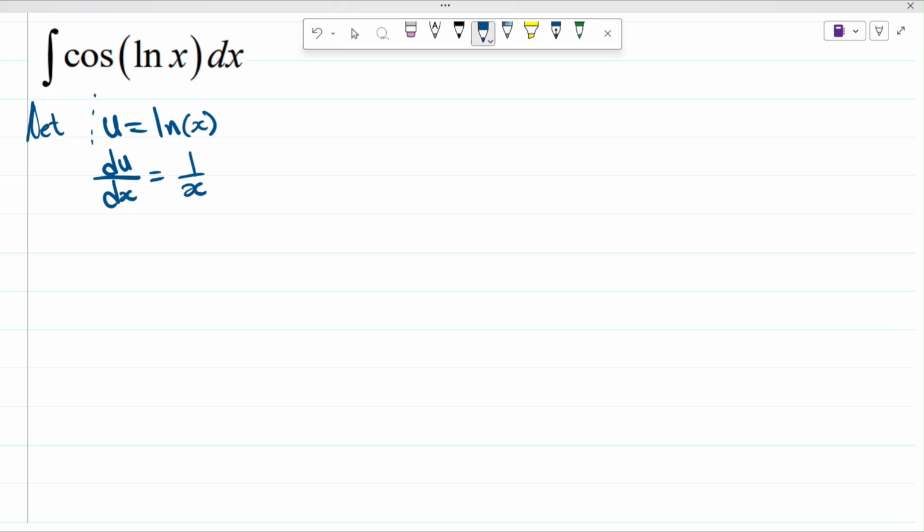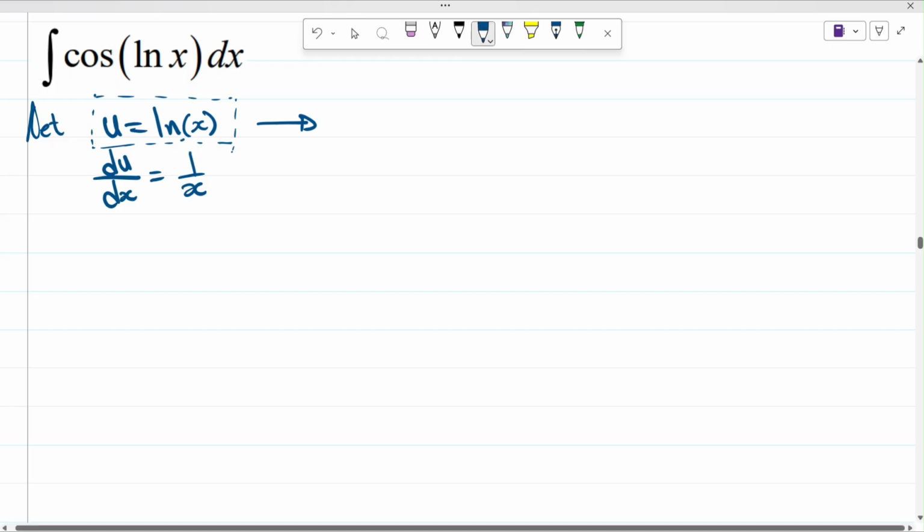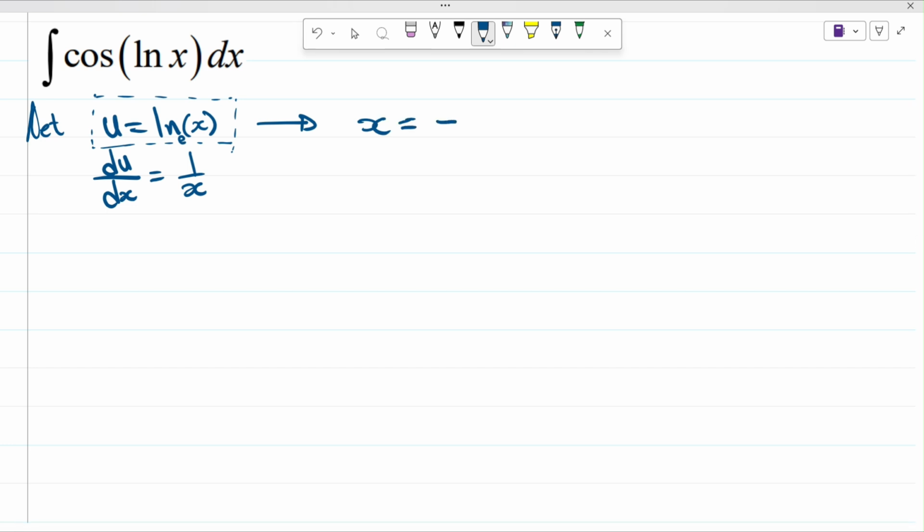So we are going to solve for x here. Remember the natural log always has the base e, right? Base e here. So if we solve for x, our x is going to be equivalent to e to the power of u.